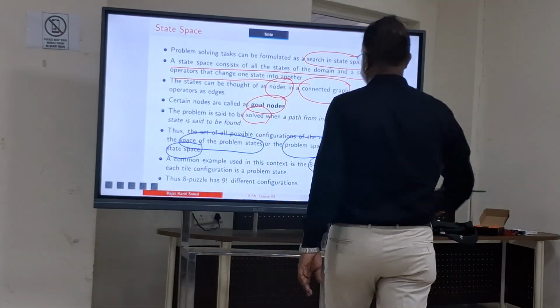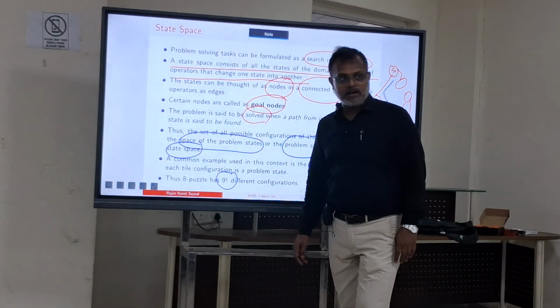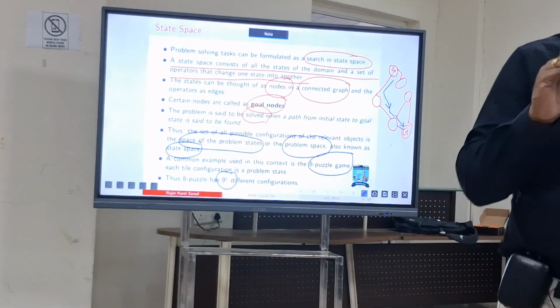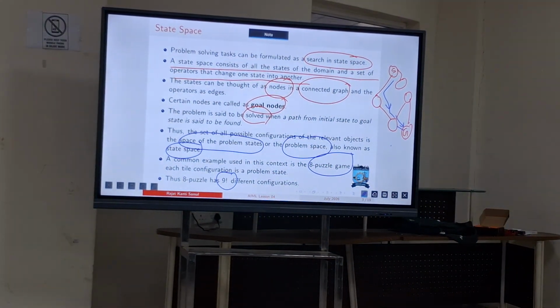So the 8 puzzle game. What is the state space? 9 factorial. How many of you are professional chess players? Professional means you know actual real chess. One or two must be there. Why am I talking about chess?